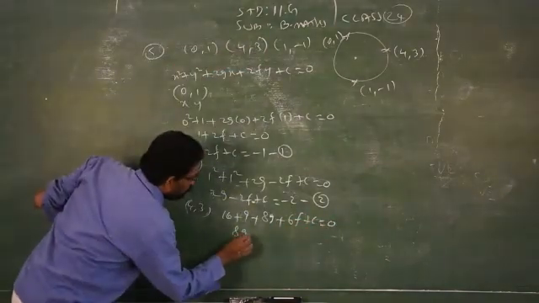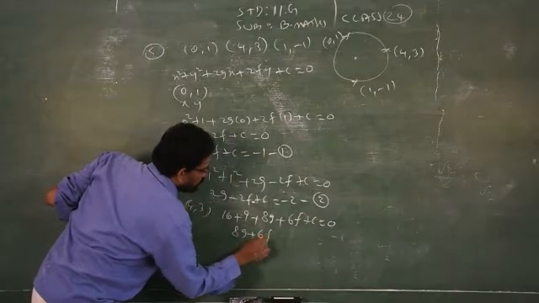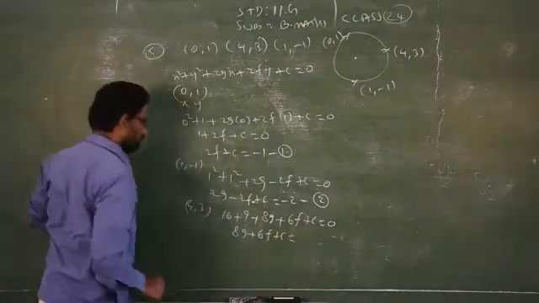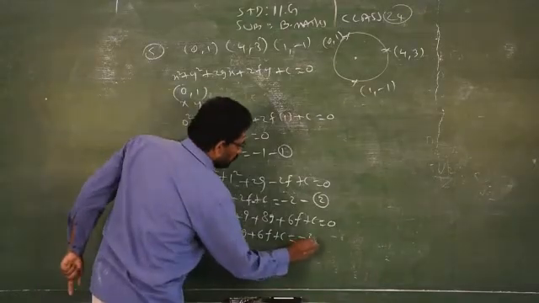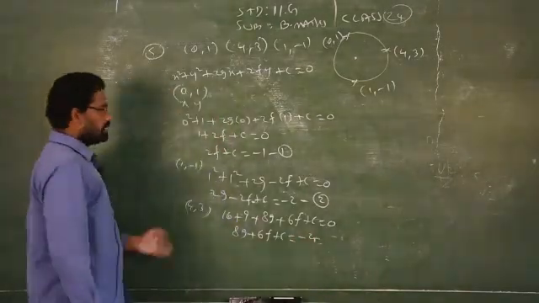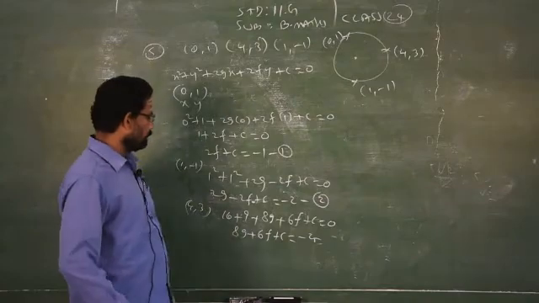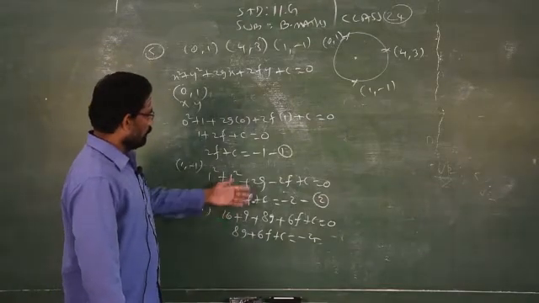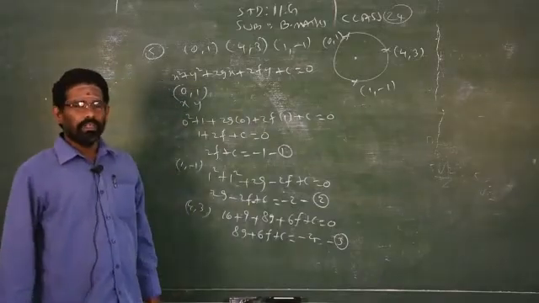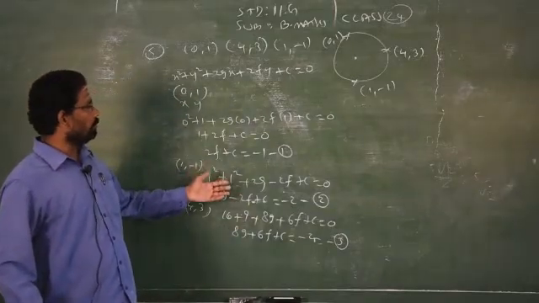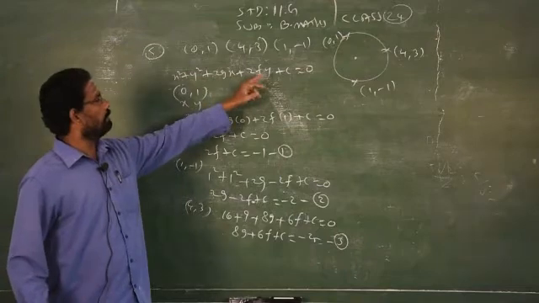So keep the variables on the left: 8g plus 6f plus c is equal to minus (16 plus 9), that is minus 25. When you transfer 25 to the right side, it becomes minus 25. So now how many equations do I have? 3 equations. How do you simplify and find the values of g, f and c?